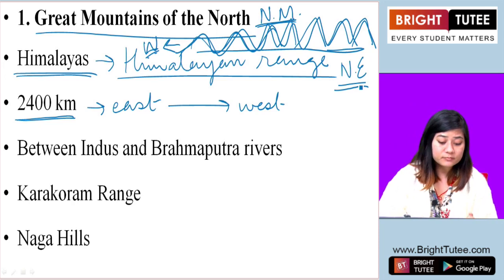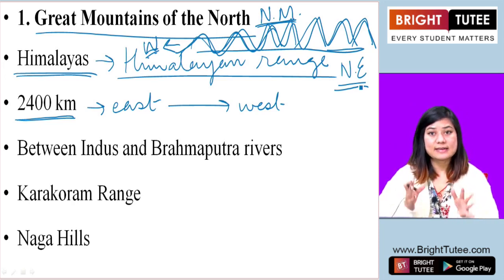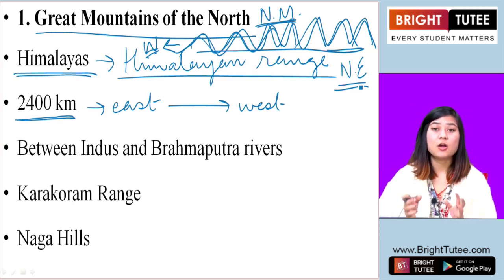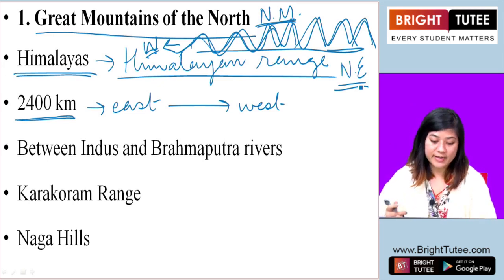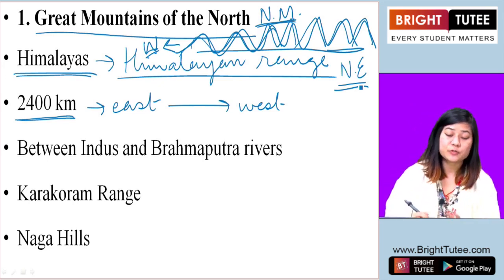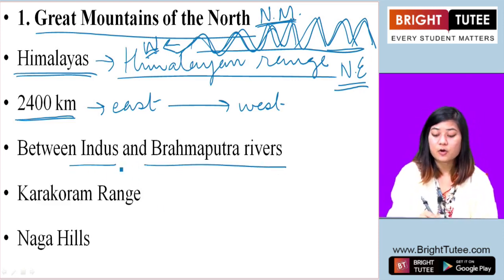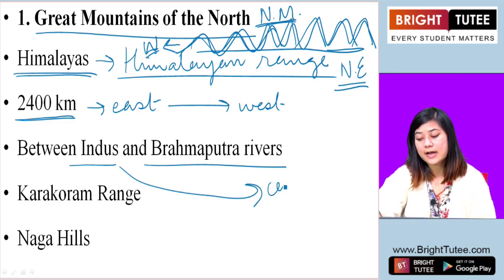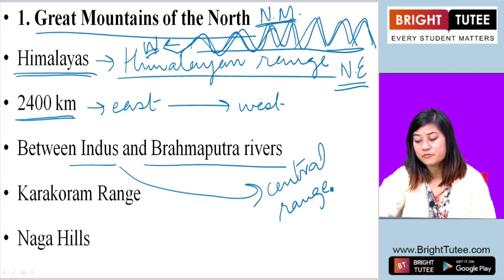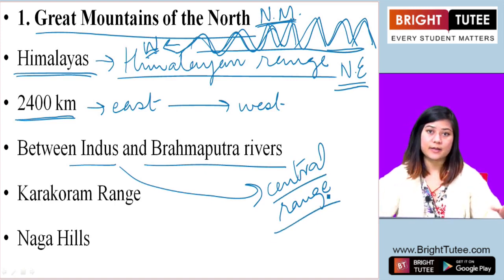Okay, so the range that lies in the central part of the whole range lies between two important rivers, which are the Indus and the Brahmaputra rivers. So the range that lies in between these two rivers is the central range of the Himalayan range.